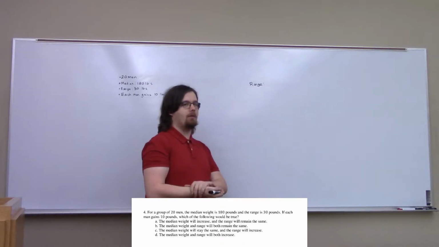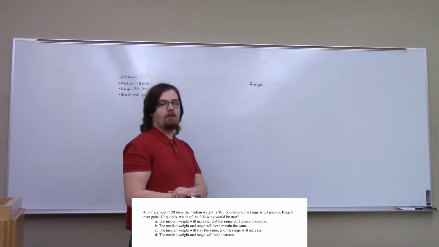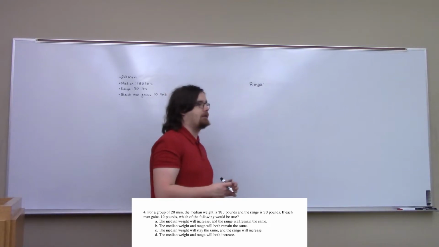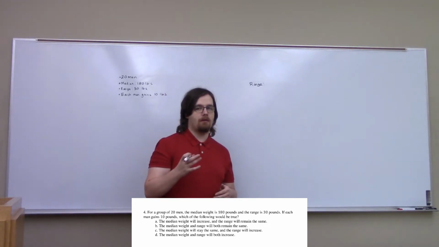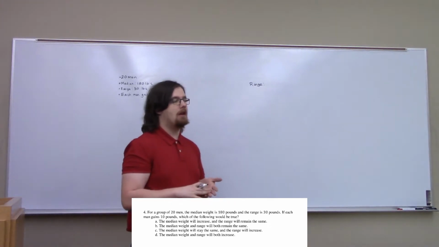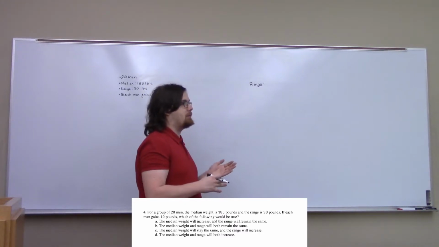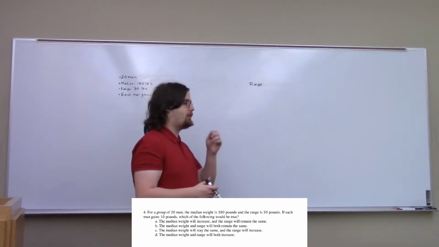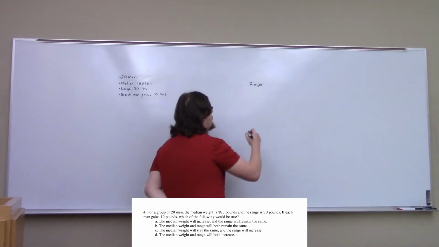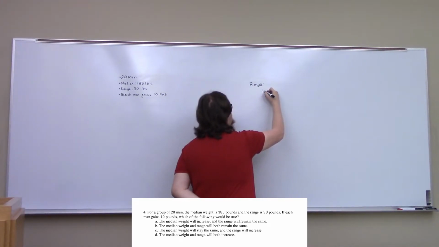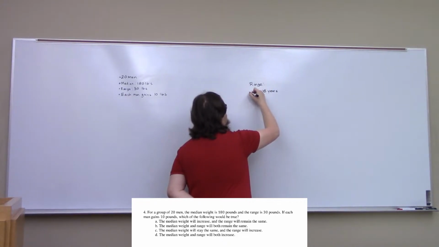So for example, if we want to consider the range of ages for people that are in high school, and let's say we're not going to include people that repeat or skip grades. We're just looking at people who are normal aged, and we'll say 18 is the upper limit and 14 is the lower limit.